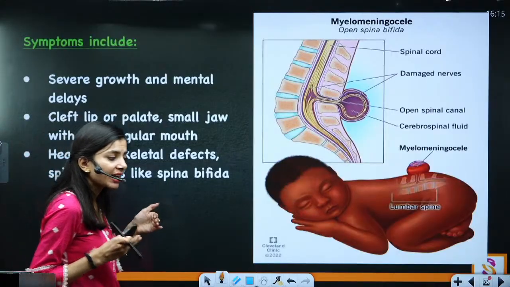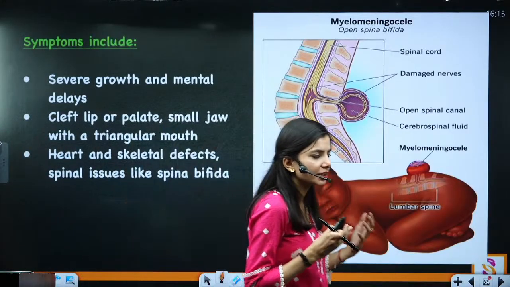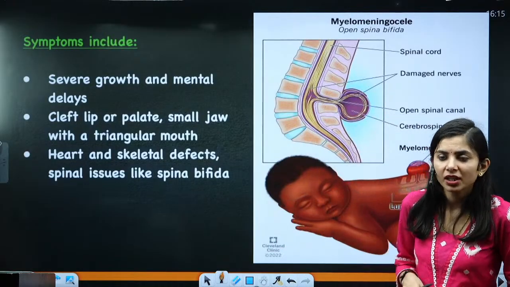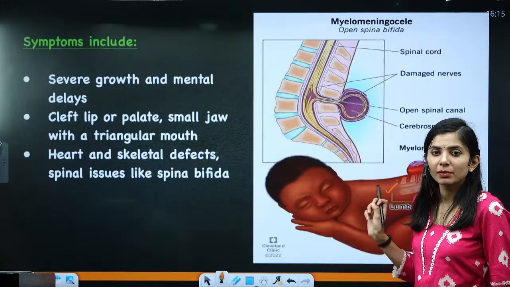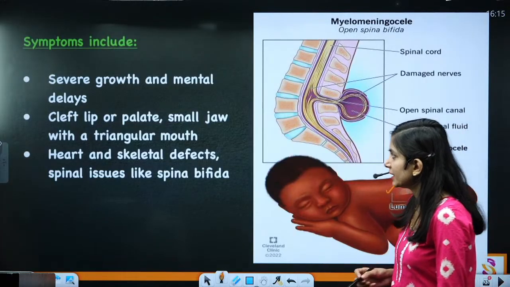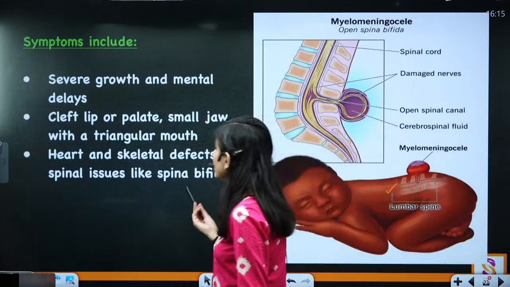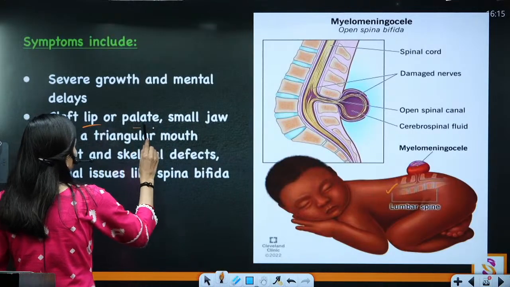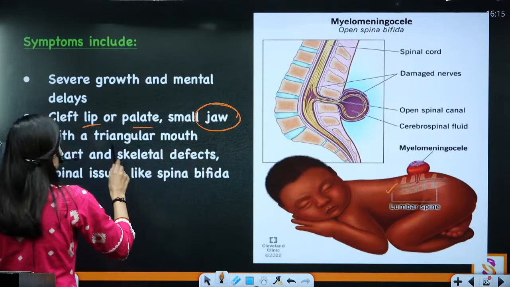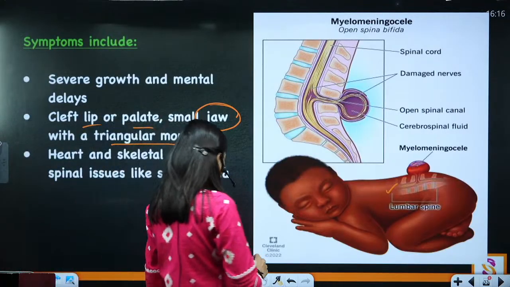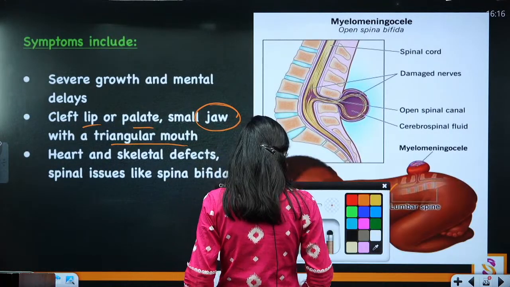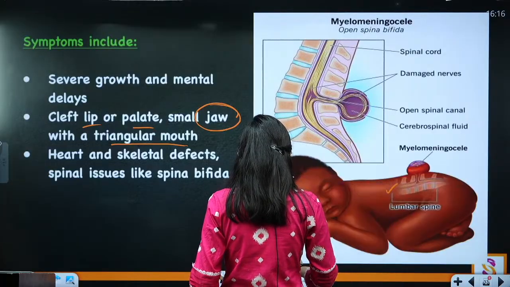The reason why a child with Edward syndrome is not able to live that long is because of this condition. It is called spina bifida. This child may have a cleft lip, palate, may have a small jaw with a triangular mouth. But what is the most important thing in this case?